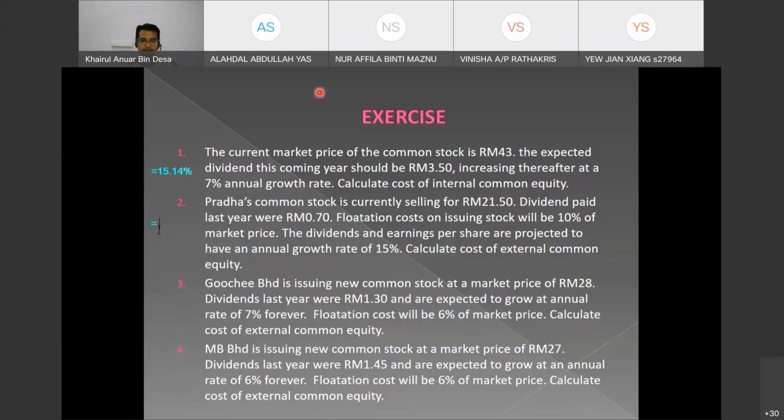All right, Vinisha, what is the answer? 18.26%.